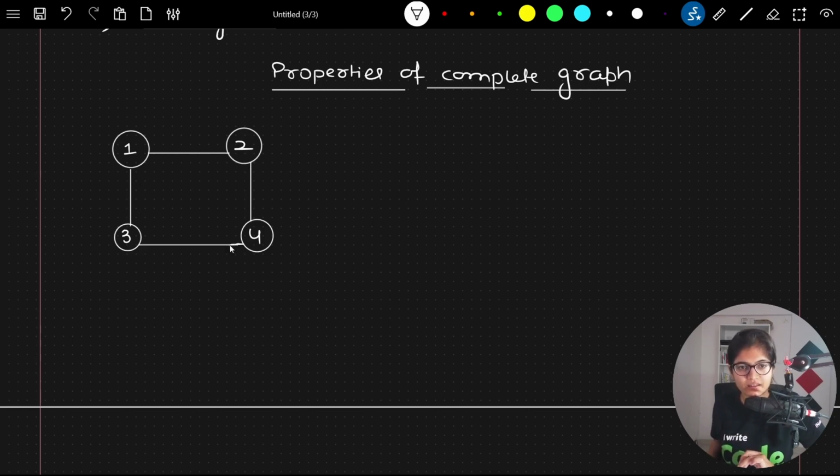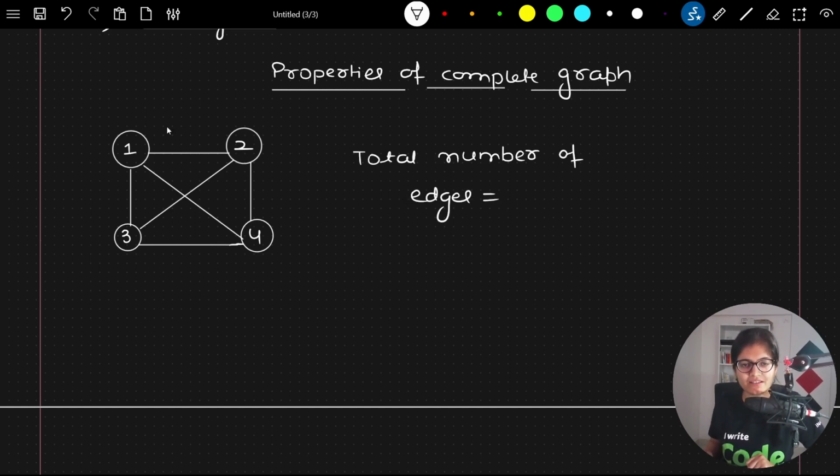Perfect. Now in this particular graph, every node has its maximum degree. Now, if I talk about the total number of edges that I have in this complete graph, let me count: 1, 2, 3, 4, 5 and 6.